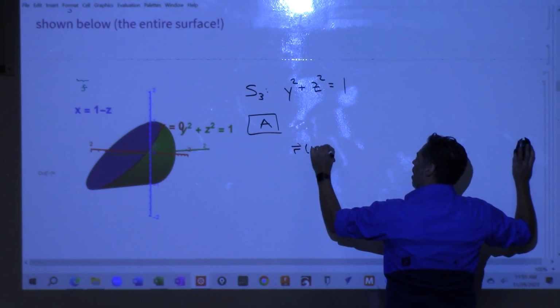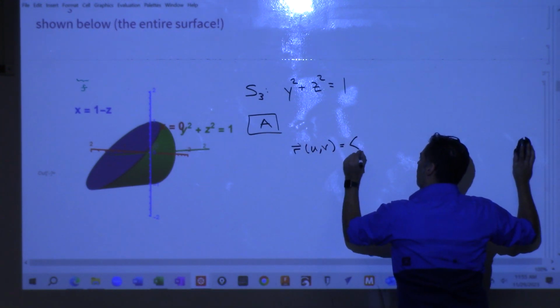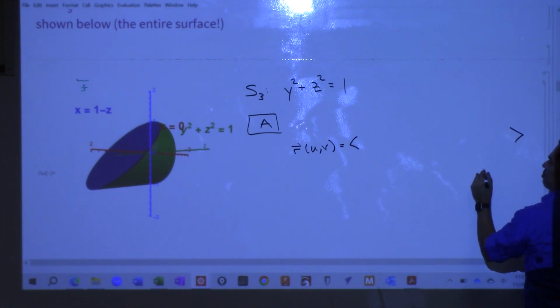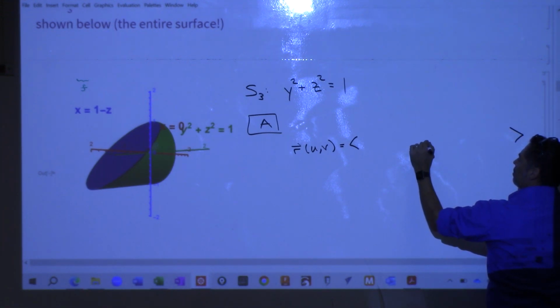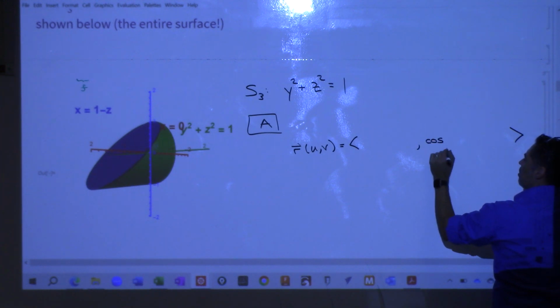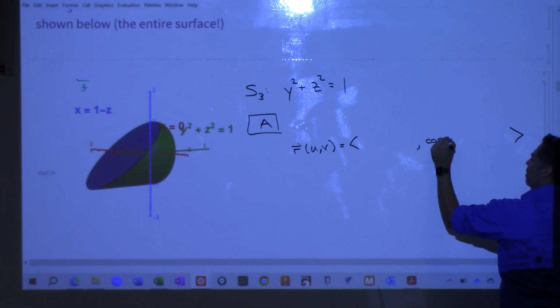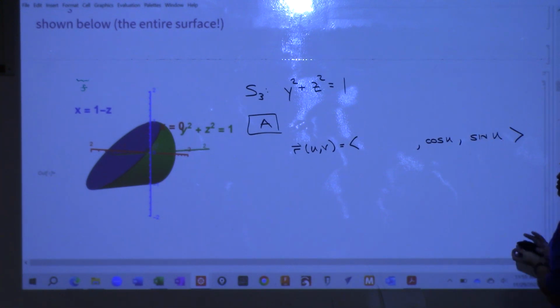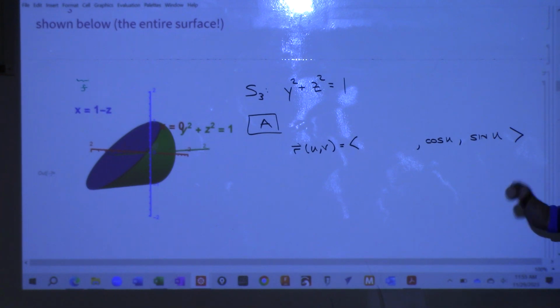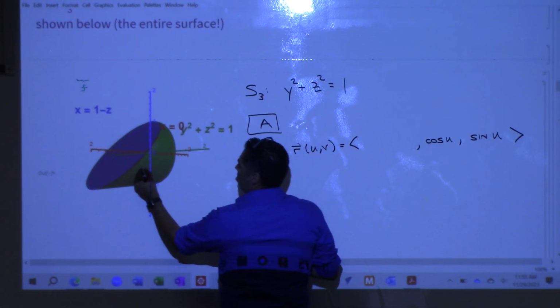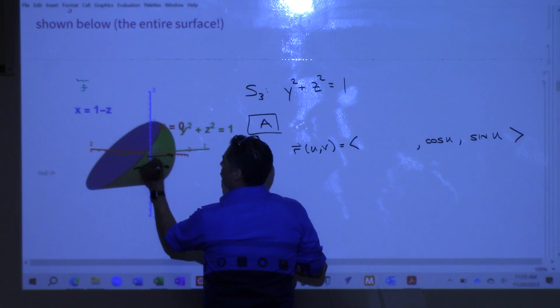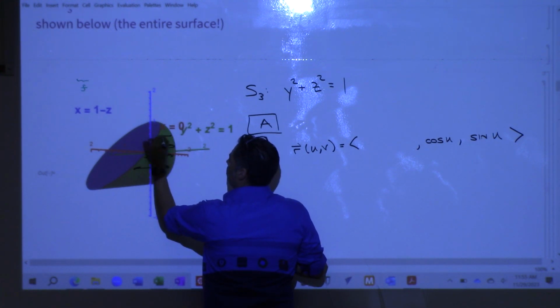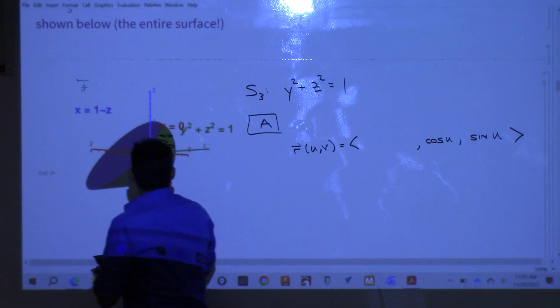Got to use U and V, right? Okay, we want to be using the Y and the Z to draw the circle. So cosine U, sine U. That draws me basically unit circles in the YZ. But I want my X to come back and forth, right? What is my X always between?